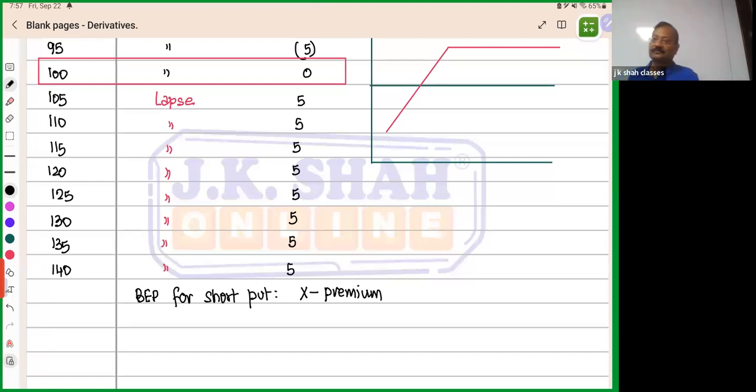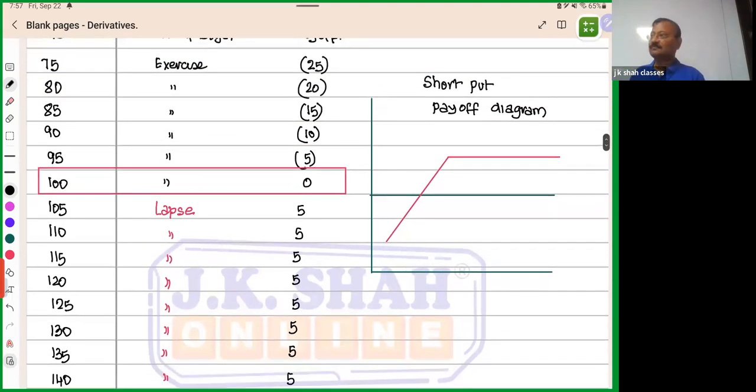The current market price is 75, and the strike price is 105, so the other guy will exercise. As a seller, what have you given the buyer? You have sold a put. What is a put? You have given that guy the right to come and sell the stock to you at 105. Market price is 75. Suppose a builder comes and tells you that he will give you the right to sell the flat to him at 2 crores, while the market price of that flat is 80 lakhs.